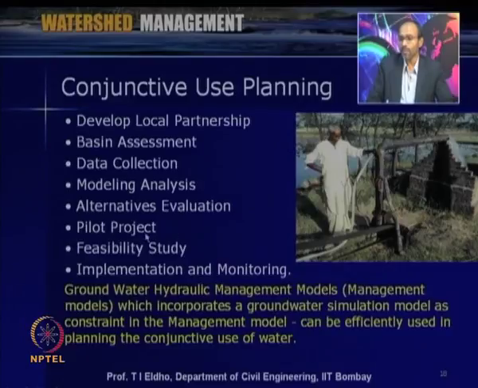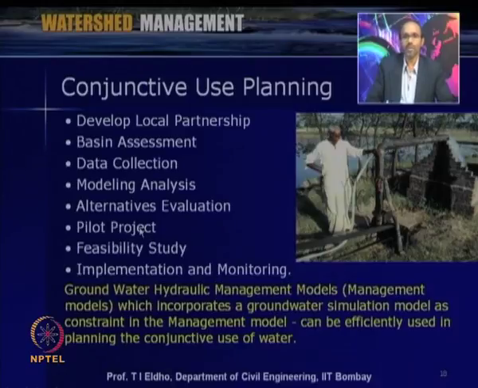Then we can develop a pilot project, so that other people in that area will be attracted to it. The pilot project can be done either at district level or state level, so that other people will be attracted to this kind of project.